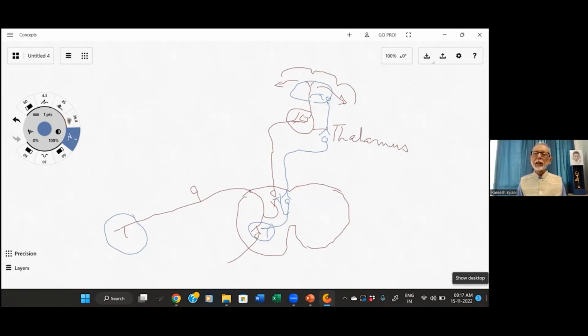Now, in case of the pain stimulus, actually the descending fibers have another role, and that is to release pain-reducing substances. And that we shall see a little later when we talk in a little greater detail about pain. So with this now, I'll go to the PowerPoint presentation.